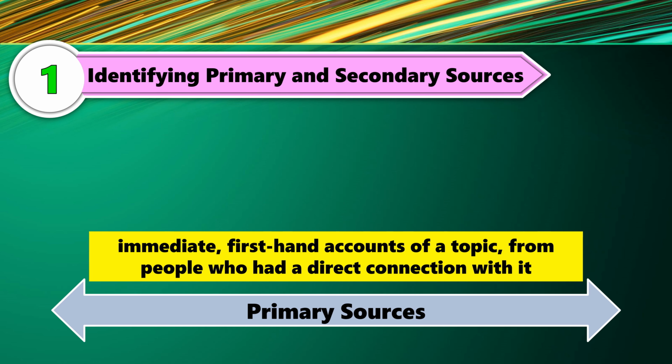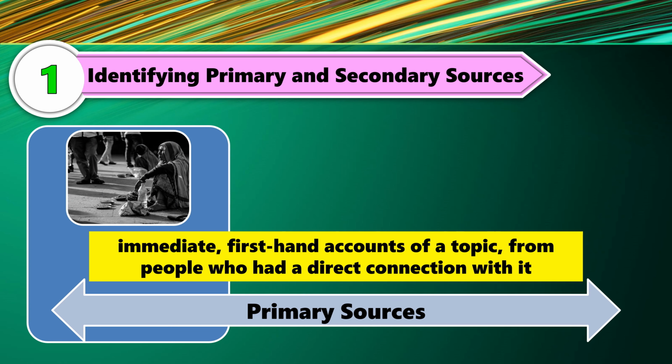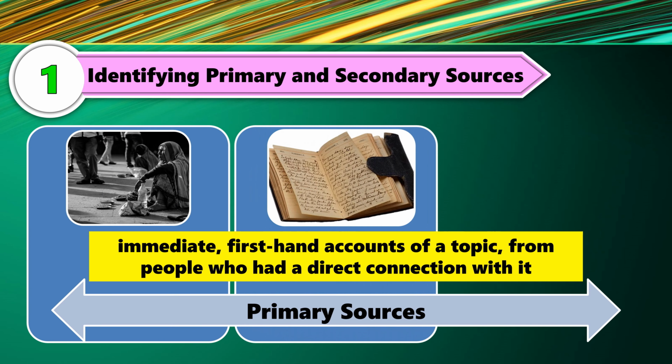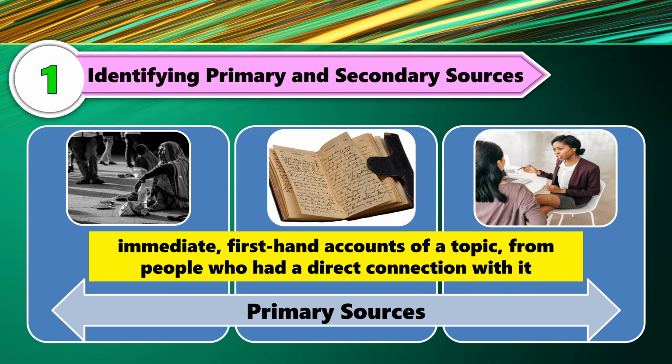Primary sources are immediate first-hand accounts of a topic from people who had a direct connection with it. Examples of primary sources are pictures and journals. One of the main reasons why we know about the life of Rizal is because he left behind a large number of journals. And the last example is interviews.